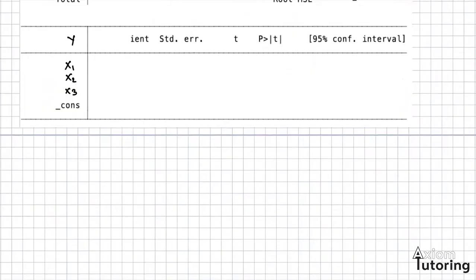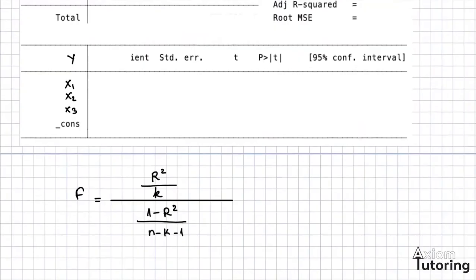Based on the video that showed also the translation from the sum of squares formula into the R-squared formula, we now know that the F statistic can be computed as R squared divided by k over 1 minus R squared divided by n minus k minus 1.